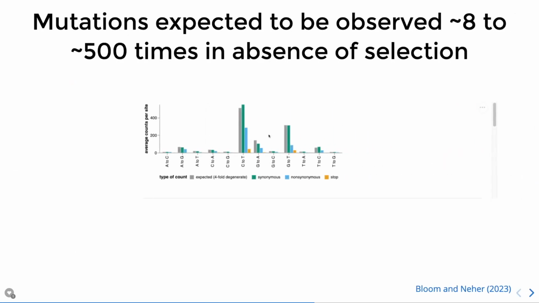If we do that counting at the fourfold degenerate sites and average across these sites, we find that the average C to T mutation is expected to have been observed about 500 times in human transmitted SARS-CoV-2 in the absence of selection. Some other much rarer mutation types like A to C are only expected to have been observed about 8 times.